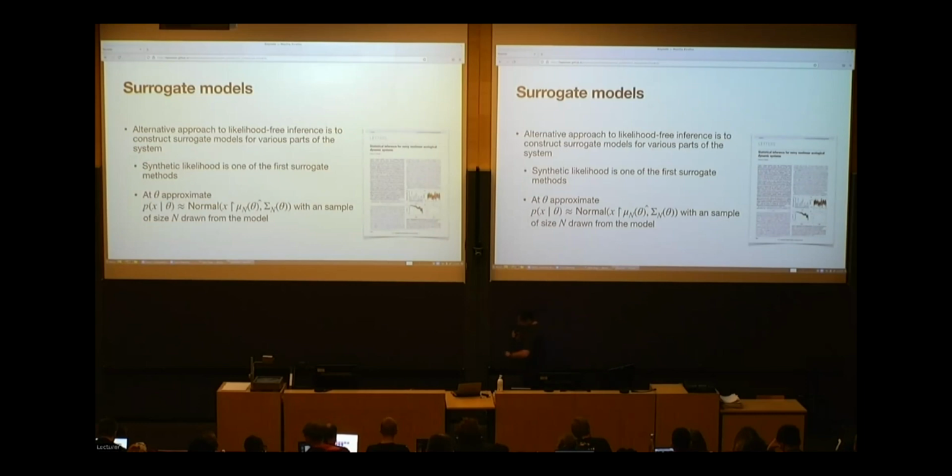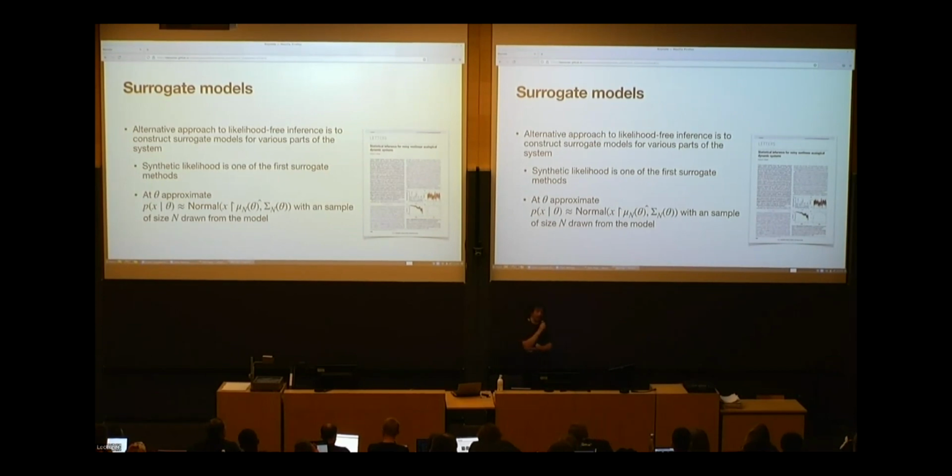So we move on from the sampling-based methods to the surrogate-based methods. Instead of trying to sample from the approximate posterior distribution directly, we can construct and fit models to the parts of the simulator that we can deal with. The simplest one is the synthetic likelihood.